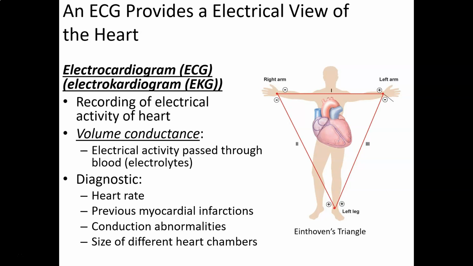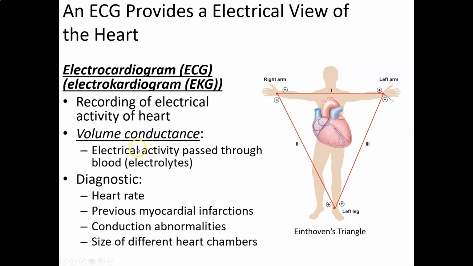So EKG, yeah, it's pretty different, but ECG, EEG are similar sounding, and even written looks similar. So that's one of the reasons why it's used in the United States, even though we typically spell cardio with a C. So it's a recording of the electrical activity of your heart.